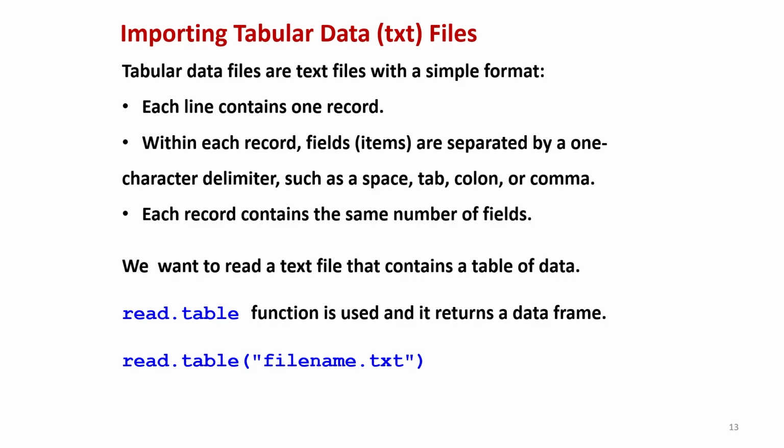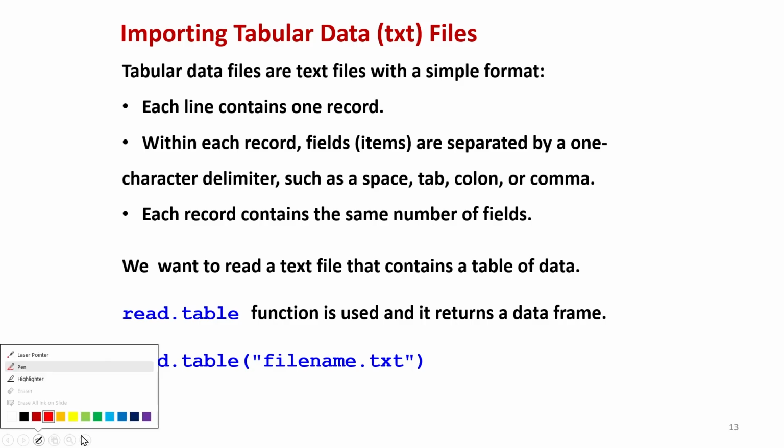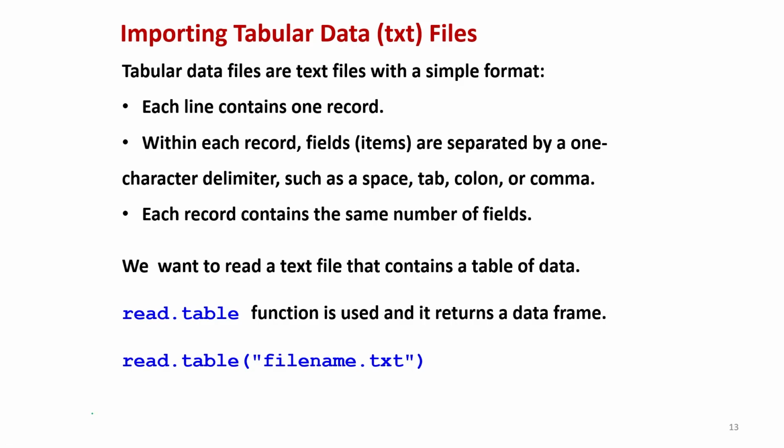So after this, I come to another option, that is how you are going to read a tabular data file, that is the .txt file. In tabular data files, the format is very simple: each line contains one record, and within each record, the fields or items are separated by a one-character delimiter.